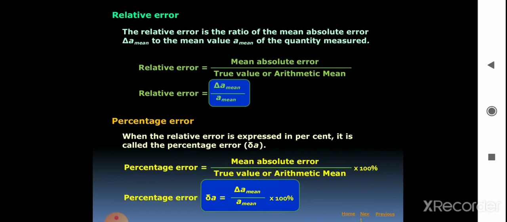The percentage error is the relative error expressed in percent. So we have to write the relative error, that is mean absolute error to the true value, multiplied by 100. The percentage error is represented by delta A, that is equal to delta A mean divided by A mean, multiplied by 100%.